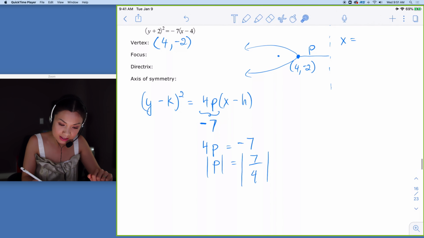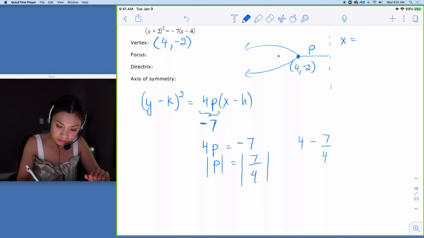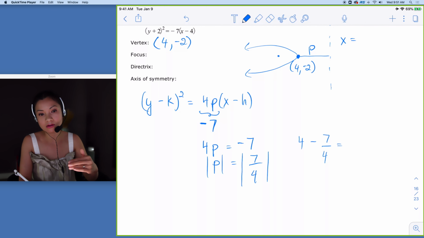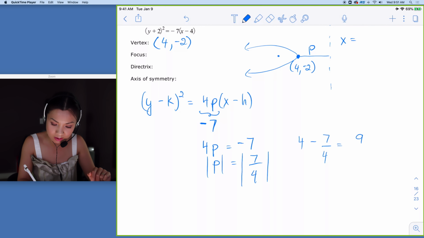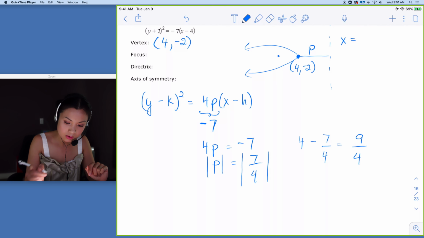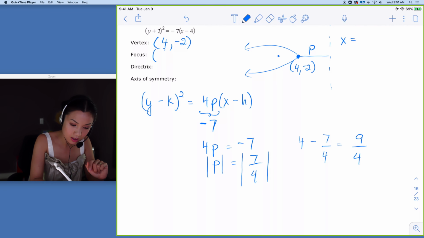So I'm going to take 4, which is this 4 right here, and I subtract 7/4, which is 16 over 4 minus 7 over 4. So that's going to be 9/4. Okay, so the focus is going to be 9/4, and then the same number for y, negative 2.